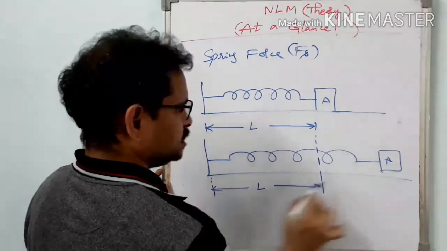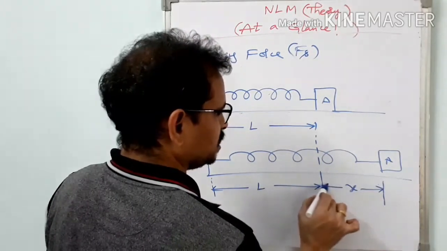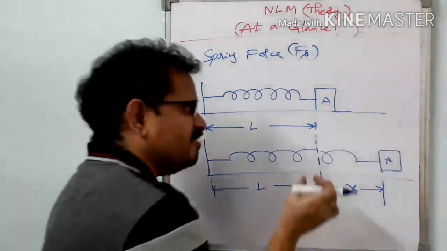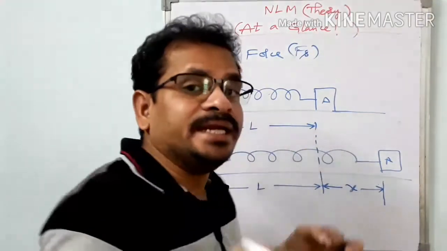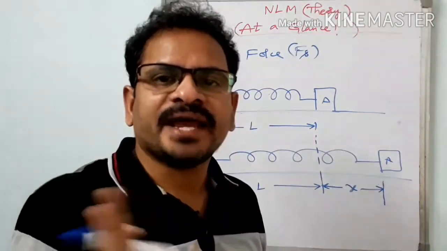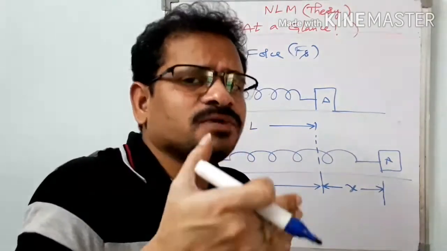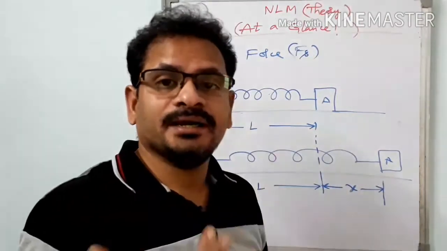L. So what is this one? Up to here, it is the extension produced in the spring. That is, it is the change in length produced in the spring. Whenever the spring is deformed from its original length, immediately, it will not take even a fraction of a second, this spring force comes into existence.